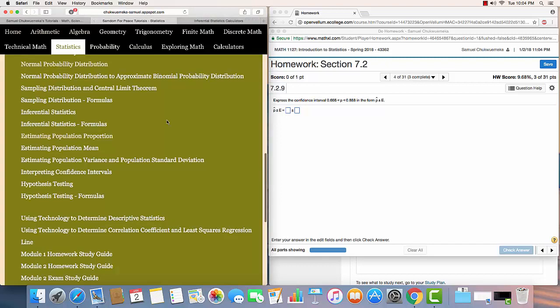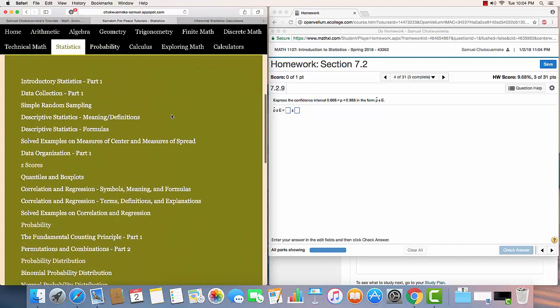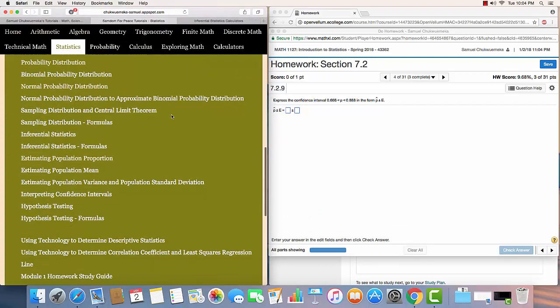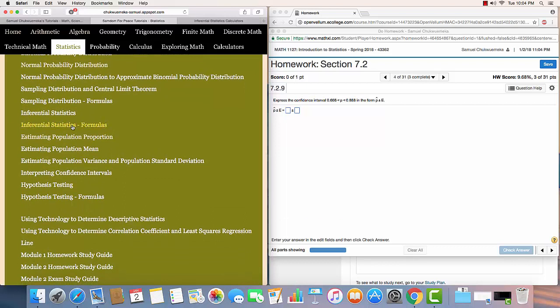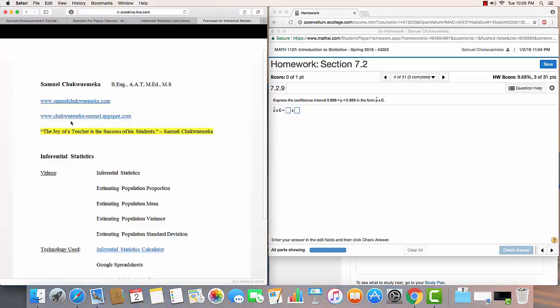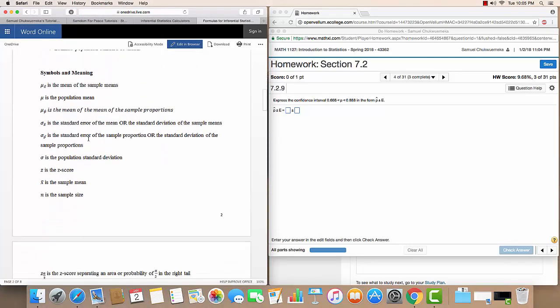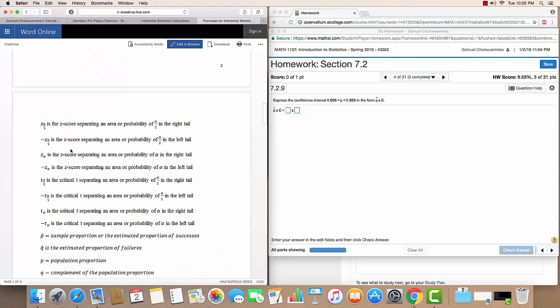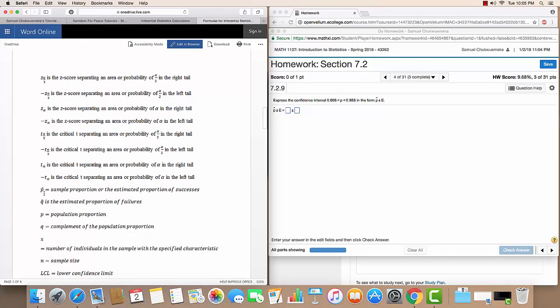Please, all these are in my notes. You go to my notes, Inferential Statistics formulas. It kind of tells you the symbols. See these symbols. Tells you all these symbols. Okay, so you know what I'm talking about.